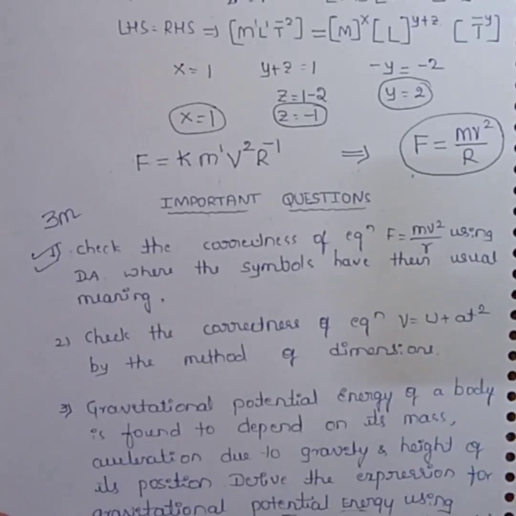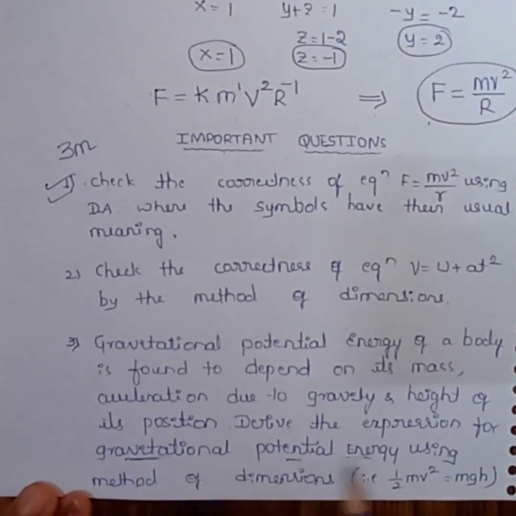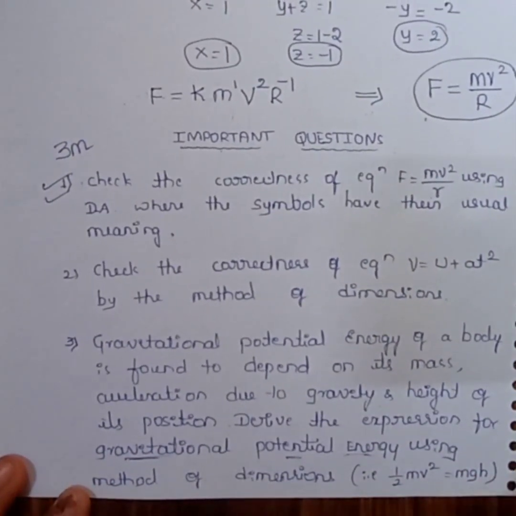Third question: gravitational potential energy of a body is found to depend on its mass, acceleration due to gravity, and height of its position. Derive the expression for gravitational potential energy using the method of dimensions. Means here we have to derive the expression for energy equals mgh.